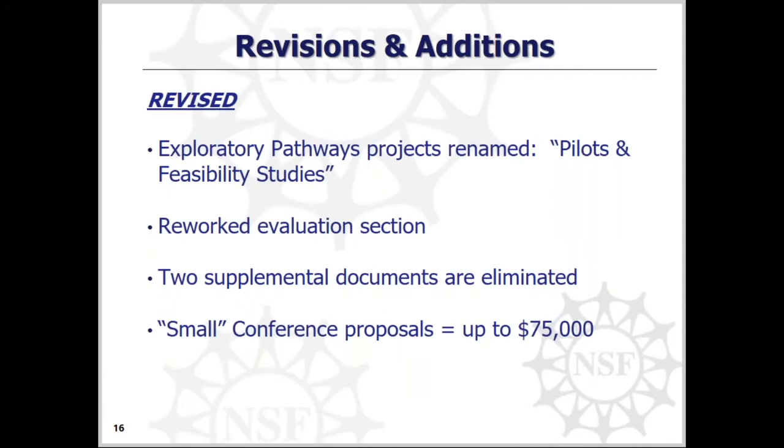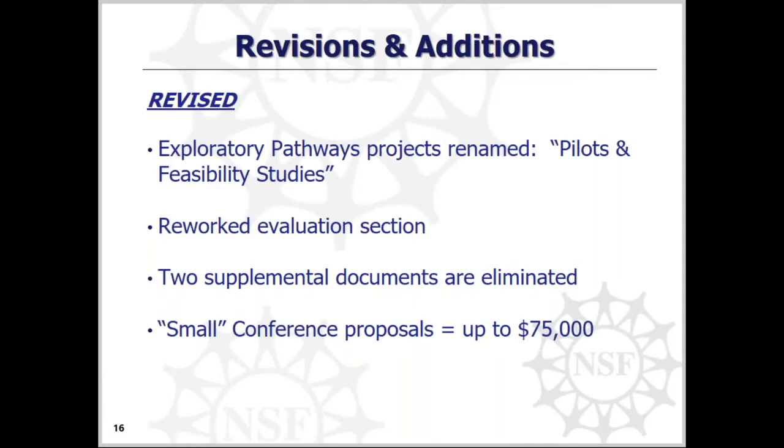The other thing is that we have also eliminated two supplemental documents. In our earlier solicitation, you could include in the supplemental document section logic models, a summary of summative evaluation, or additional information about the research plan. We are no longer doing that.